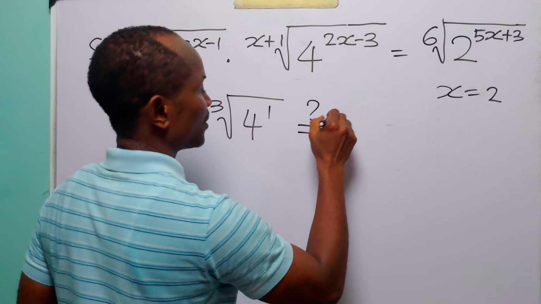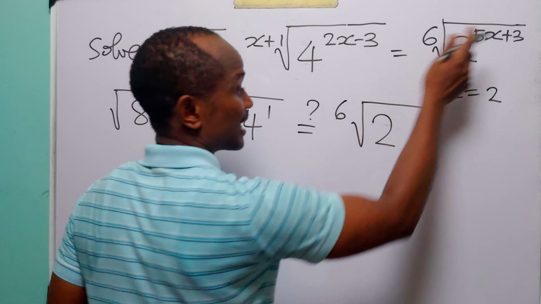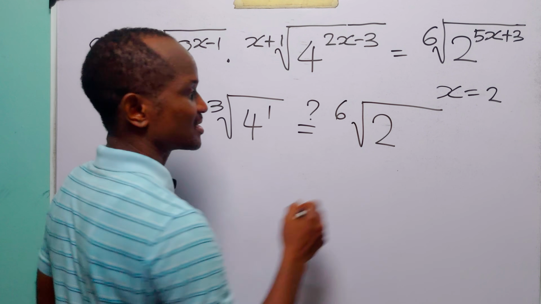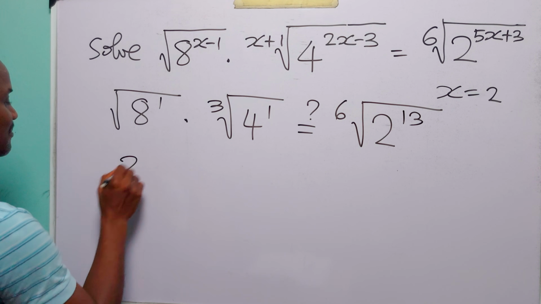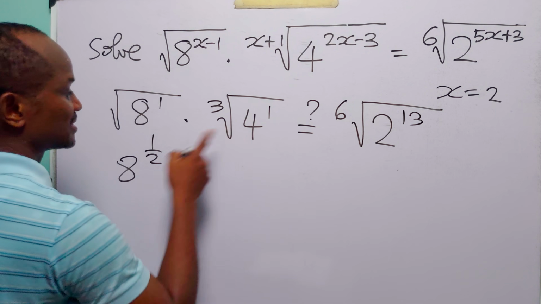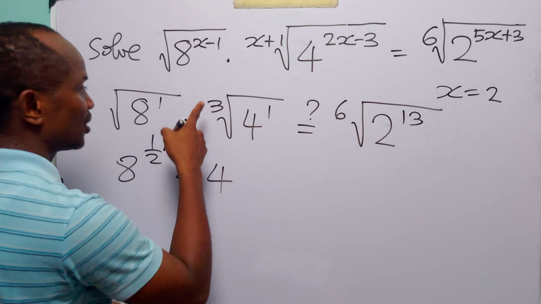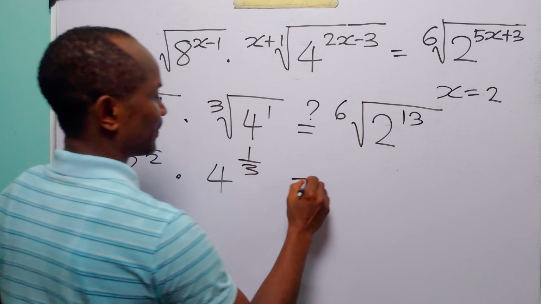Now, is this equal to the 6th root of 2 to the power 5 times 2 is 10, plus 3, that is 13. Now, this is the same as 8 to the power 1 over 2 times 4 to the power 1 over 3.